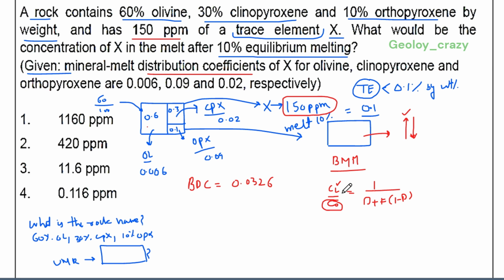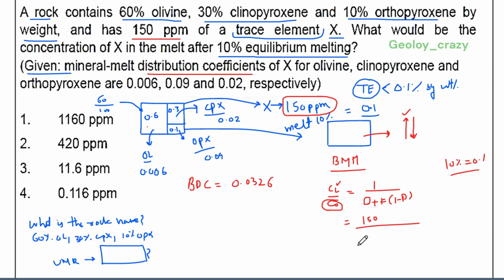And this value of F, from where? From this 10%. 10% means 0.1. So we will put all the values. Okay, 150, for this value I'm just putting here. Cross multiplication.